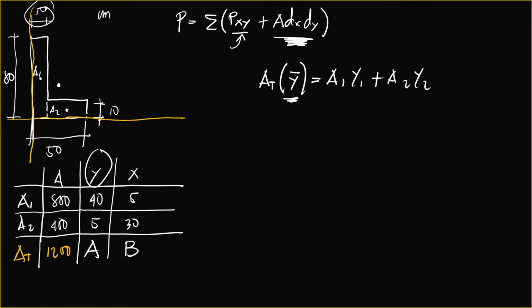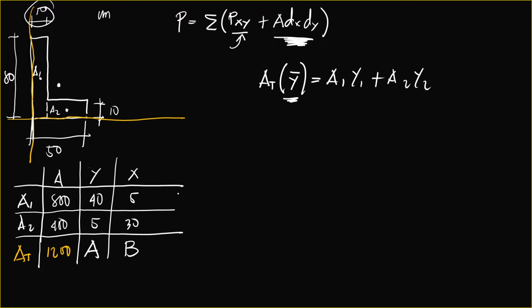The distance from here is 10, and from there to the middle of 40 is 20. That's why it is 30. Did I answer your question? Okay sir, thank you. Okay, what else? Any other question?